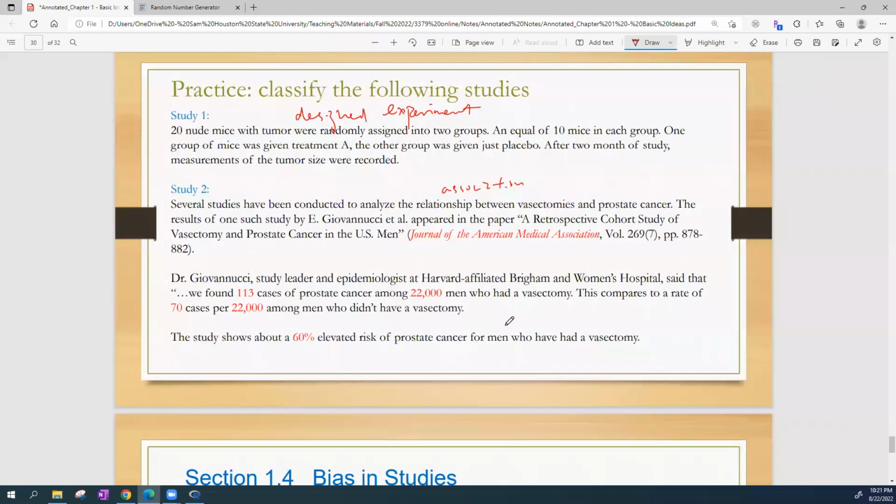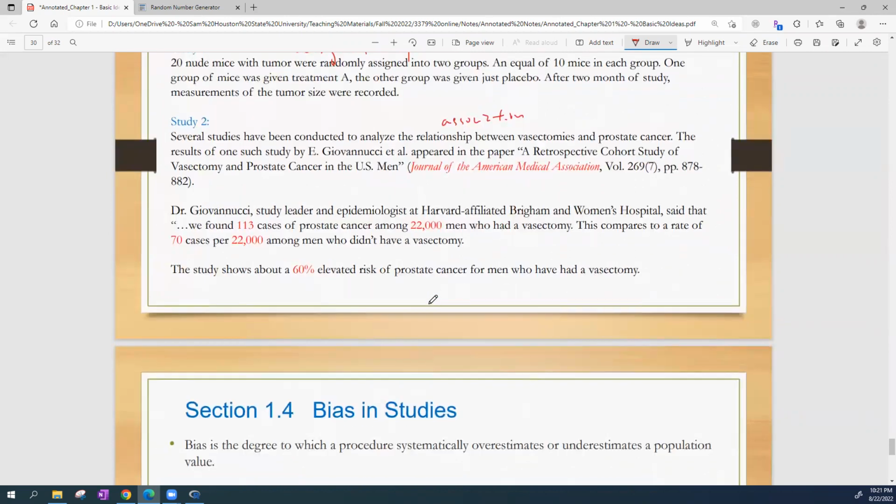And then the findings are 113 cases of prostate cancer among 22,000 men who had a vasectomy. This compares to a rate of 70 cases per 22,000 among men who did not have a vasectomy. The study shows about a 60% elevated risk of prostate cancer for men who have had a vasectomy.